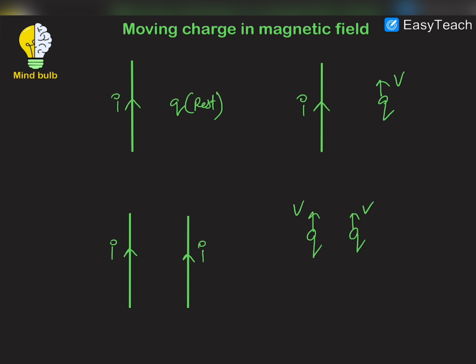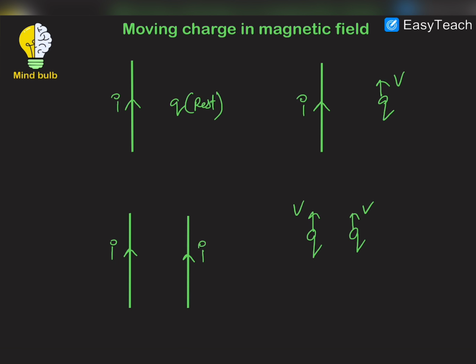Now there are 4 situations. There is a charge kept near a current carrying wire, and this charge is at rest. First of all we have to discuss the electric and magnetic force on the current carrying wire and the charge.